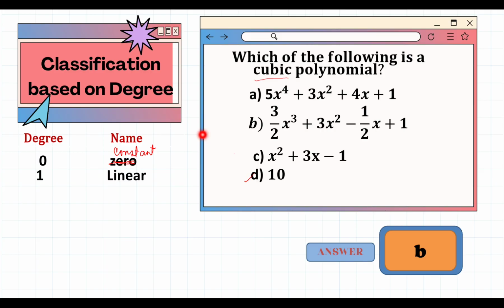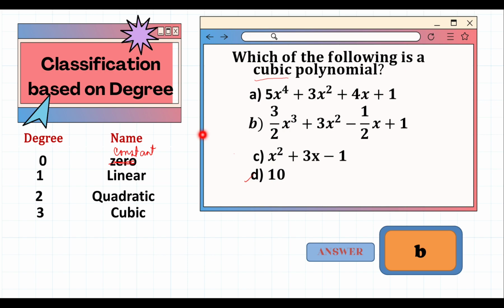Next, what about if we have here the exponent is 1? It is called linear. And we don't have an example of a linear polynomial from A to D. Then if we have here the degree is 2, we have quadratic, which is the lesson for grade 9. Then if the degree is 3, then we have a cubic polynomial.